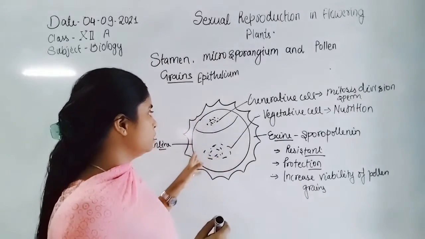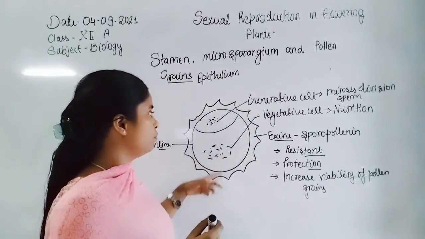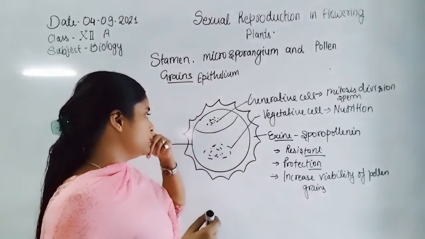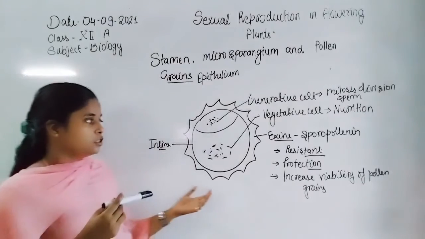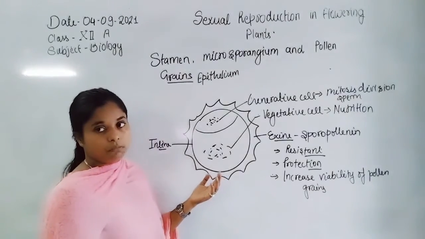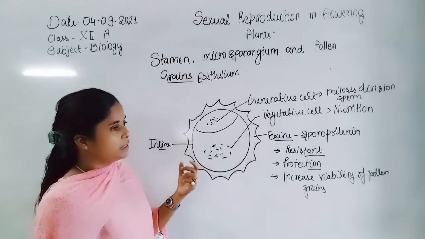The inner membrane, intine, helps in the germination of the pollen tube onto the stigma. The pollen grain also contains the generative cell and the vegetative cell.